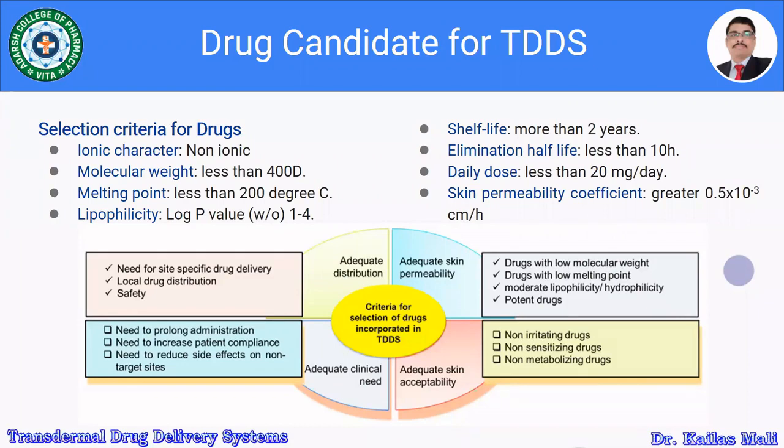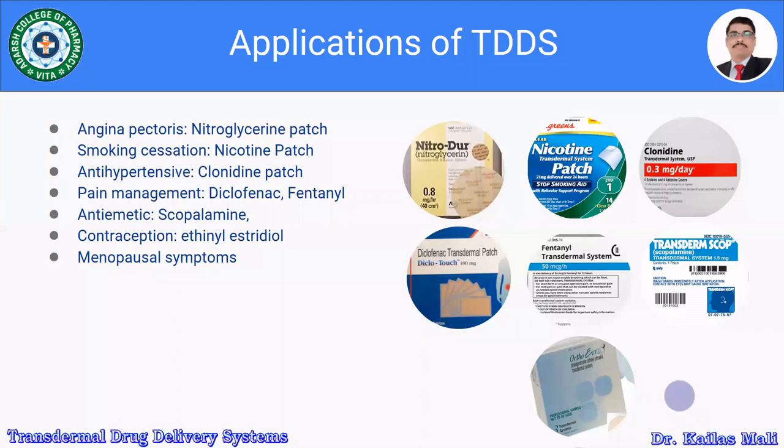So let us move towards the applications of transdermal drug delivery systems. Transdermal drug delivery system is used in angina pectoris, then for smoking cessation, then in hypertension, then in pain management, then in vomiting, in contraception, and certainly menopausal symptoms.